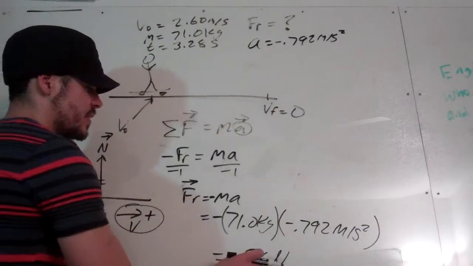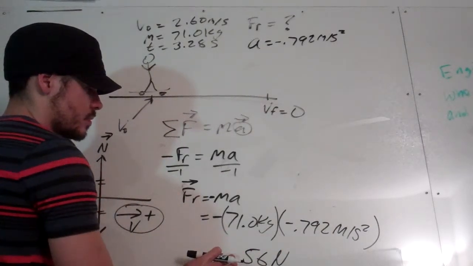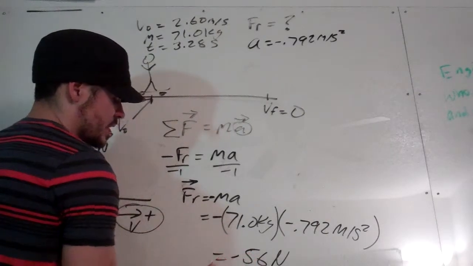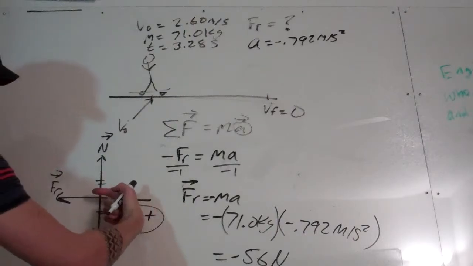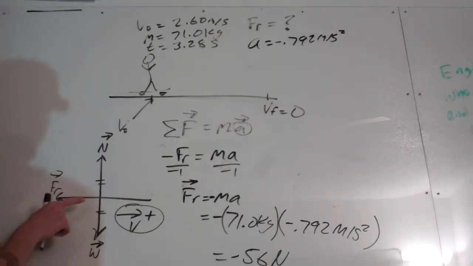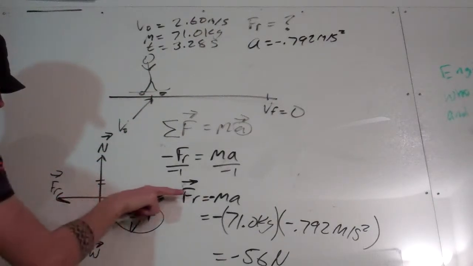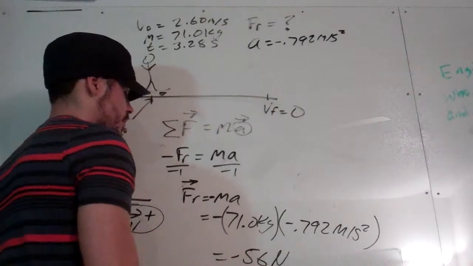So it's negative 56 newtons. So 56 newtons is just the magnitude. But negative 56 says that the friction is actually going in the opposite direction of the initial motion that the skateboarder is going. Okay? So this is your vector quantity right here.